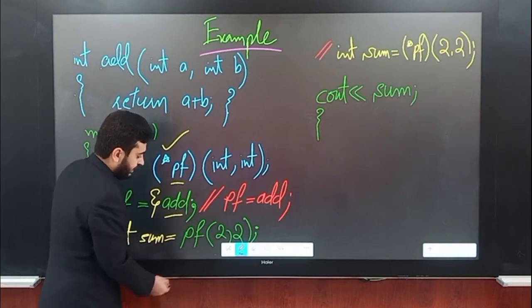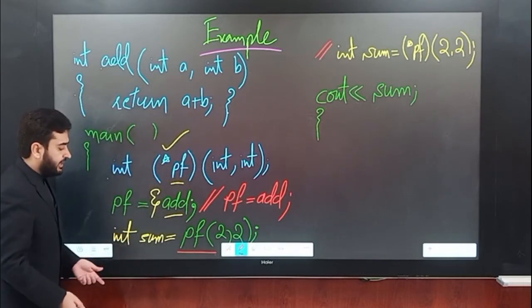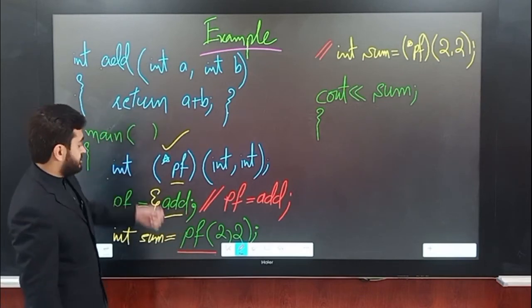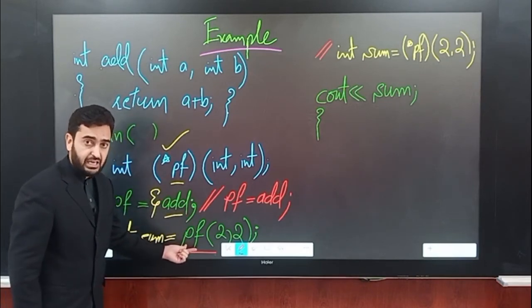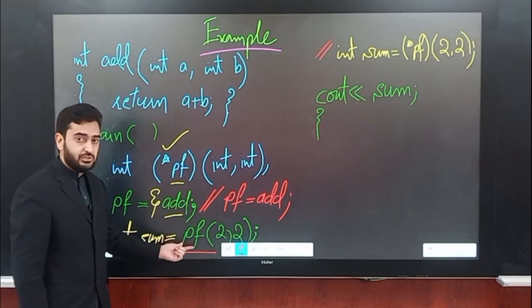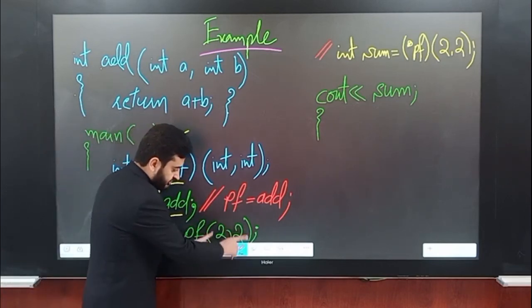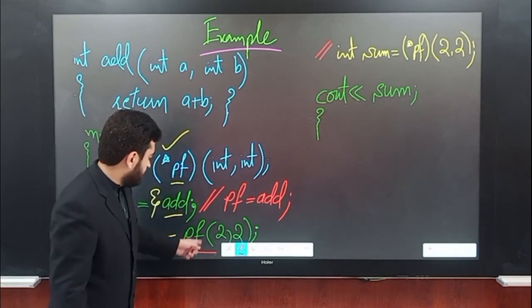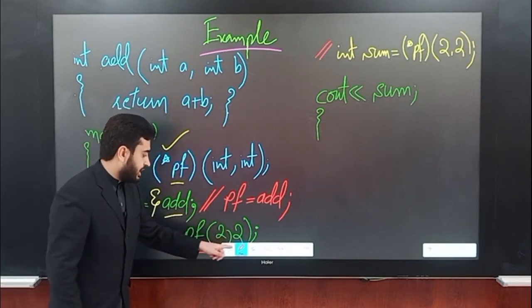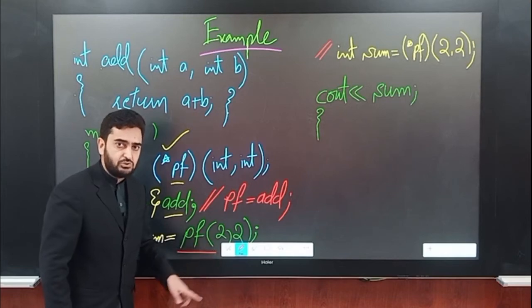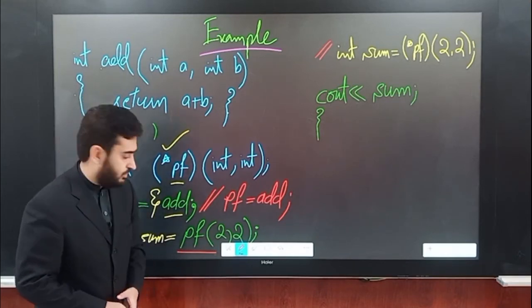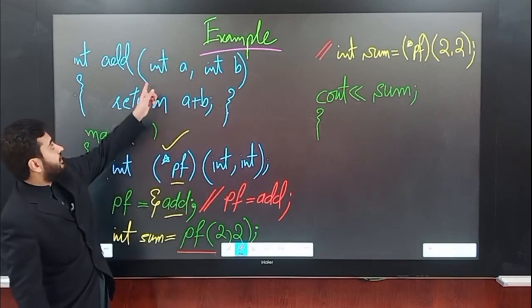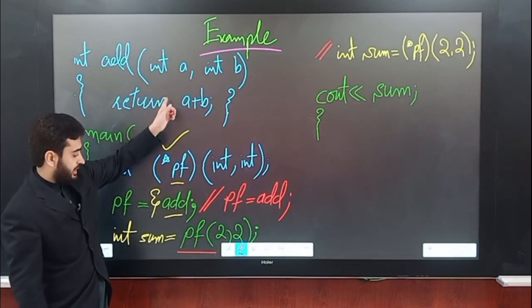Here you can see we have called the add function through the pointer pf. Now pf is actually a pointer, and then you introduce the function call, the parentheses, passing the two parameters of integer type. So this pointer is actually calling the add function in the memory.